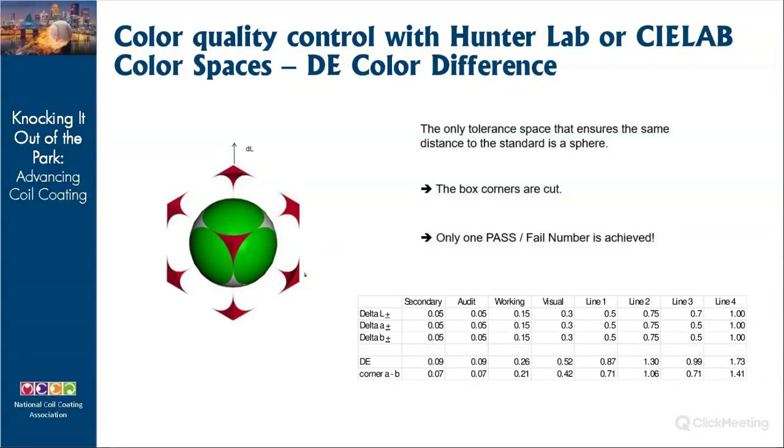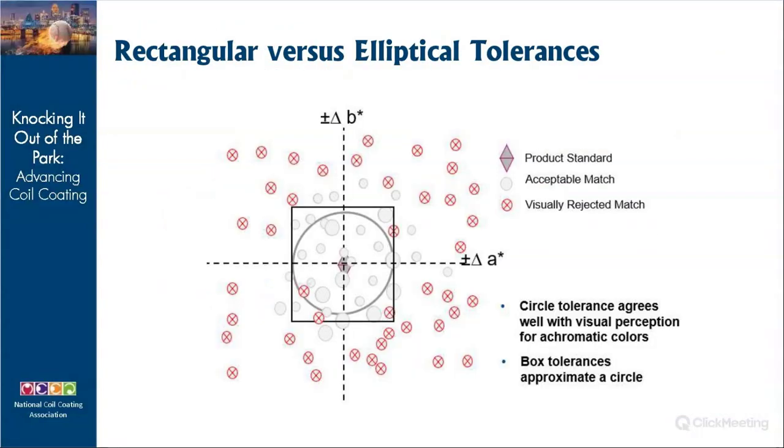Going back to some of those examples, if I had plus or minus LAB values of 0.5, then my delta E calculation is going to be 0.87. If I'm doing 0.75 for each attribute, it jumps up to 1.3. This gives you the ability to monitor and control using one attribute, but we want to take advantage of some of the newer equations that better align with how we see things visually.